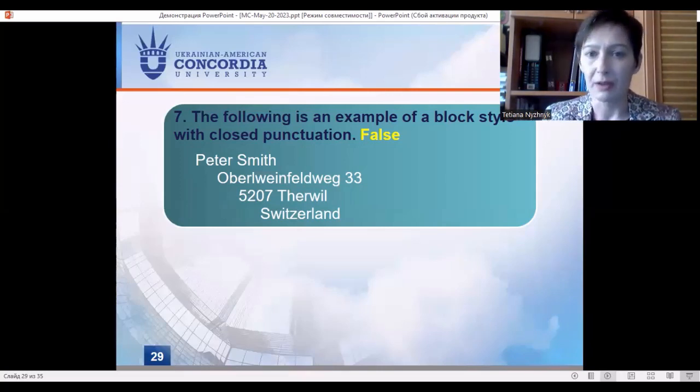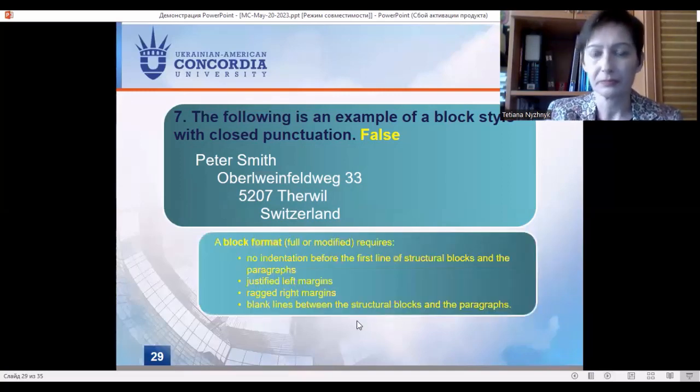In business writing, a block format is probably the most common nowadays. There will be 2 variations to block format, full and modified, but I won't stop on each of them at the moment.